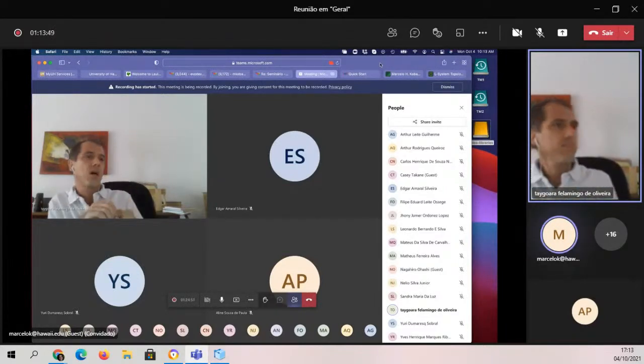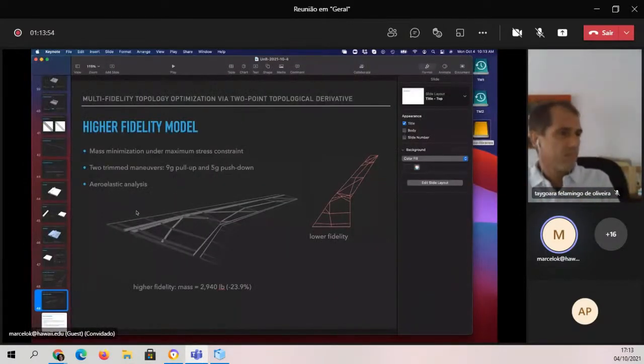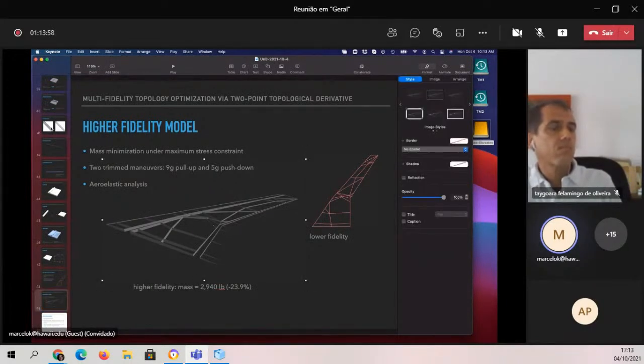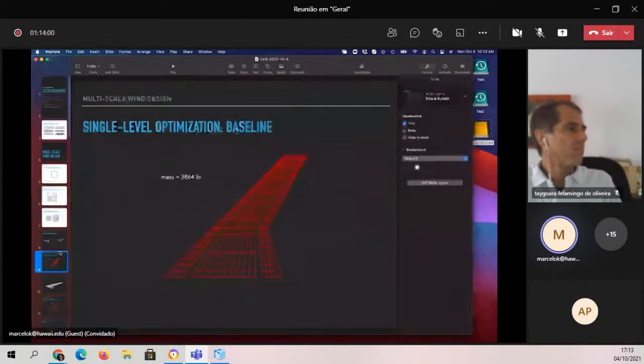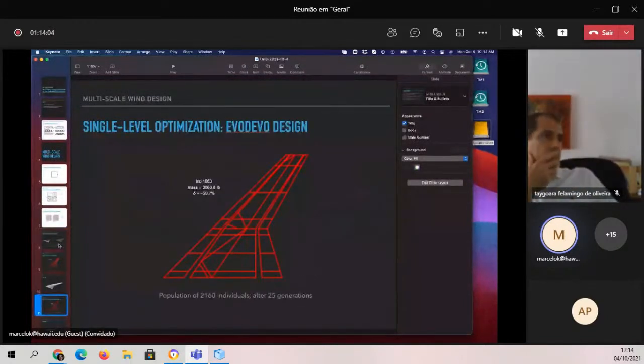Excellent question. I really appreciate all the questions. So yes, for example, for this wing design here, we actually have flutter constraints. Flutter is an instability of the wing. If you have seen the videos of the Tacoma Bridge in Washington State, you may remember how it started oscillating and then collapsed.